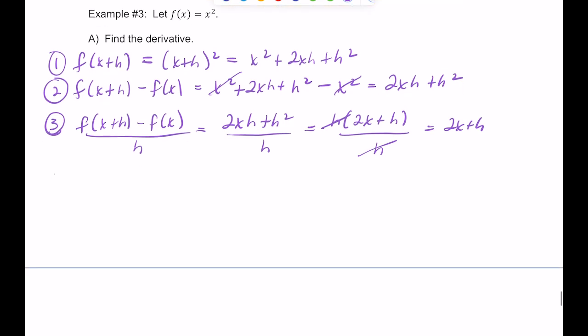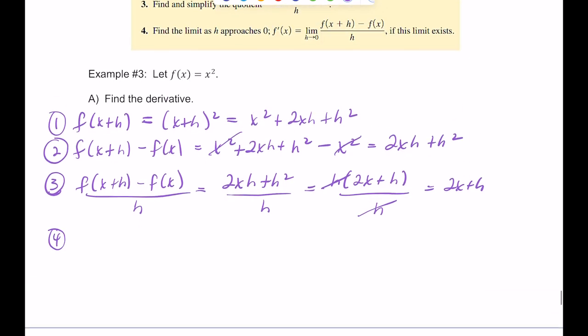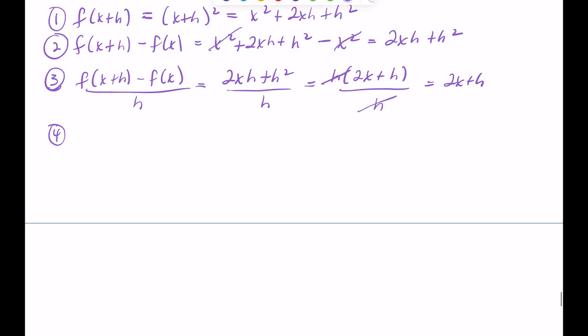And then step 4 is find the limit as h approaches 0. So that'll give us the derivative. f prime of x is just going to be the limit as h approaches 0 of 2x plus h. And if we substitute 0 in for h, you end up with just 2x.